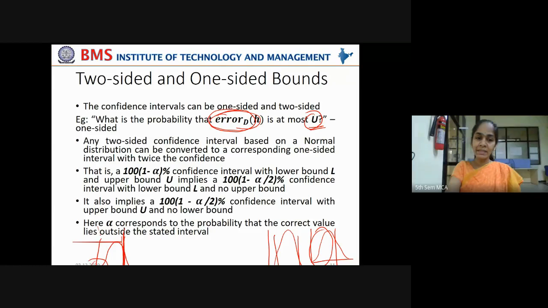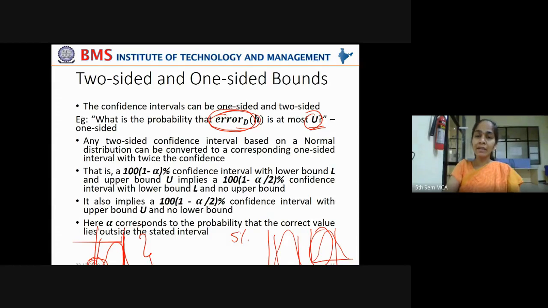Okay, now in this case, observe this figure. In this figure, I'm saying on the lower side I'm not bothered, but on the upper side I'm bothered that it should not fall beyond this particular interval. So instead of 95%, now I can make my confidence interval 97.5%. Because before, the tails shared actually 5%, right?